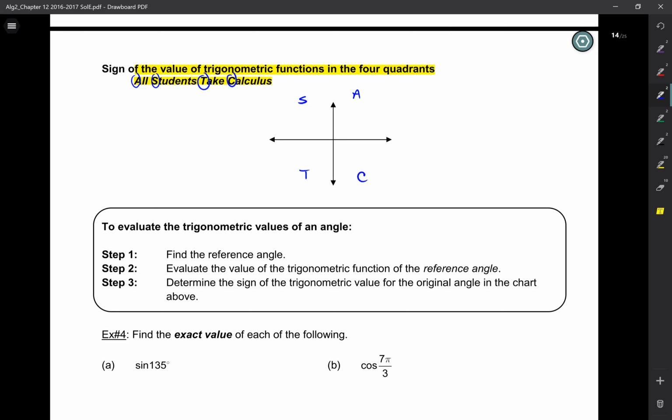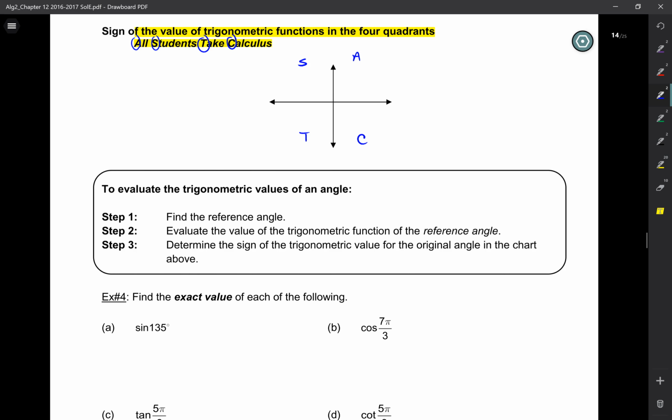Okay, you see where it says A? A means all are positive. That means sine, cosine, tangent, all are positive. S means only sine is positive.